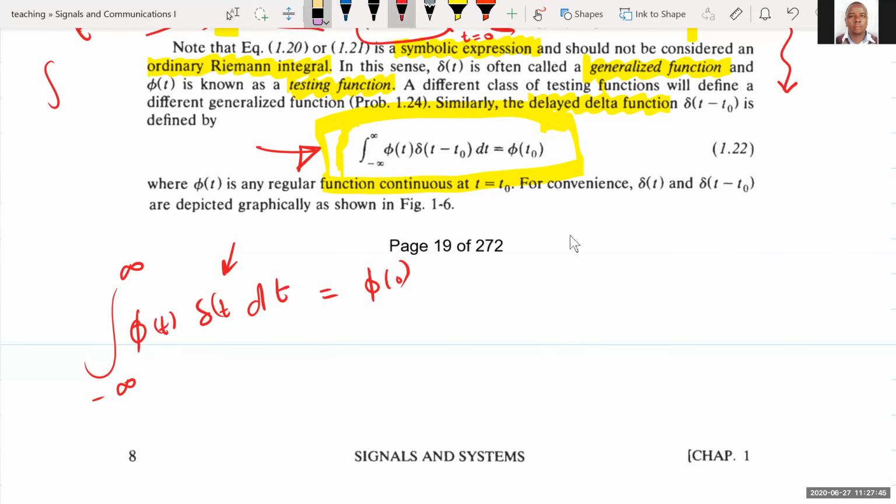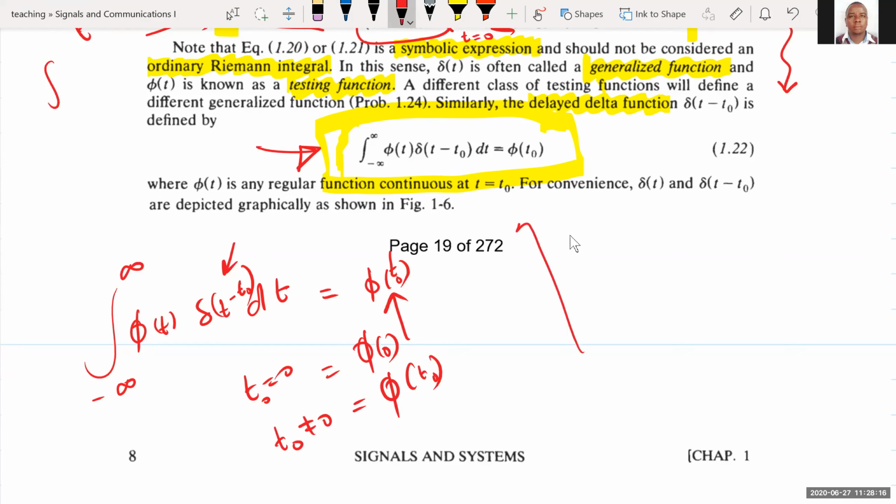Then my expression will be evaluated at time t naught. If t naught equals 0, then we express our function at 0. If t naught is not equal to 0, then we express our function at t naught. So t naught might be 1, 2, or 3. That is another very significant expression that we will use, because it traces the concept of the shifted impulse function.